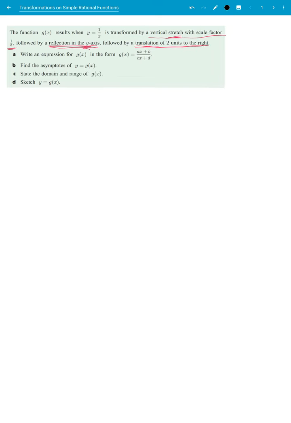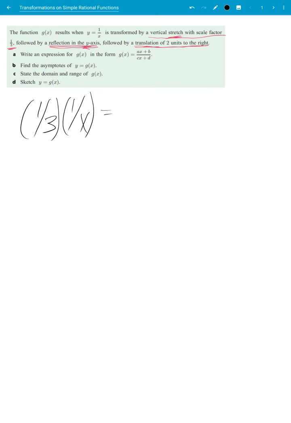The first part is this stretch, and that is a scale factor, and they can be positive or negative, or they can be greater than 1 or less than 1. This one, we are just going to take the scale factor and multiply it by the function. That's simple enough.